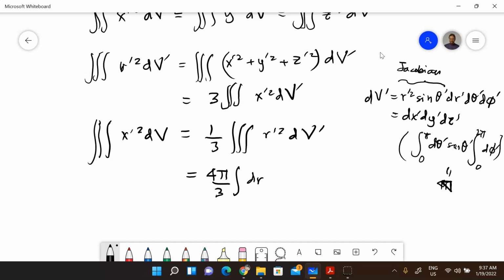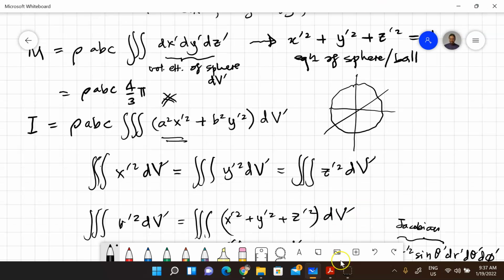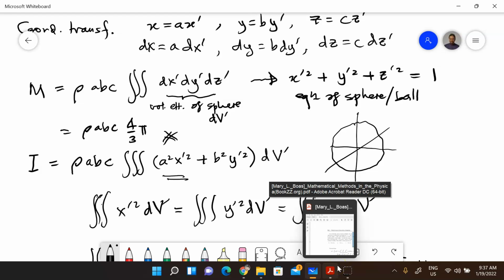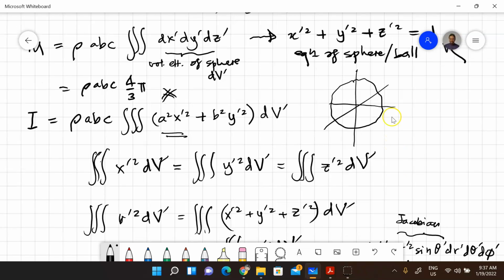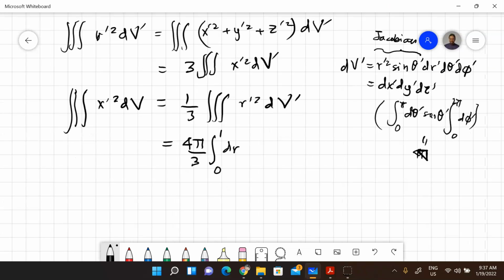So the r is going to go from 0 to 1. You remember your equation of the sphere is essentially that, so r equals 1. And then remember you also have the Jacobian factor here, r squared, and also you have your r squared over here, so that's r dash to the fourth.